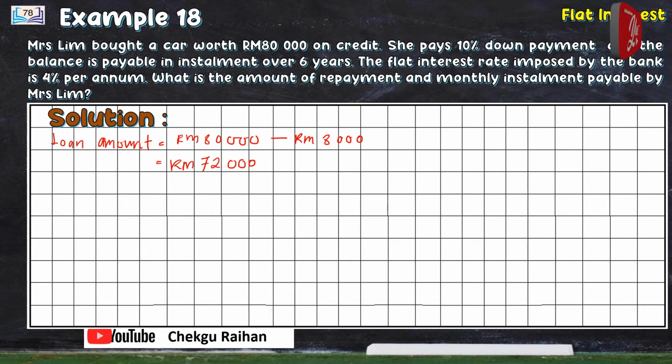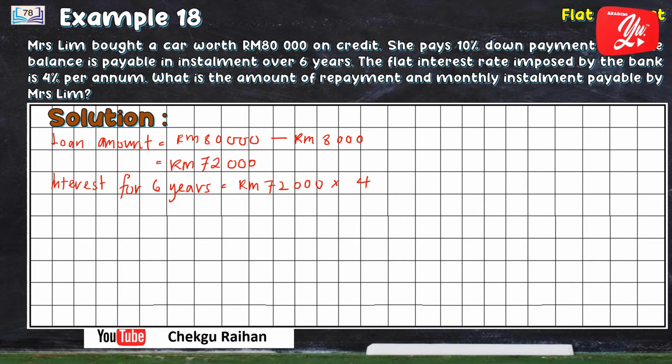So interest for 6 years equal to Ringgit Malaysia 72,000, which are the loan amount, times the rate 4% and the time for 6 years. So total interest equal to Ringgit Malaysia 17,280.